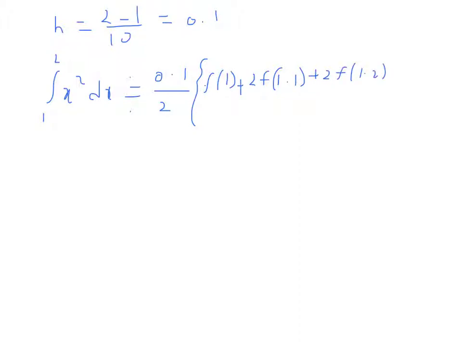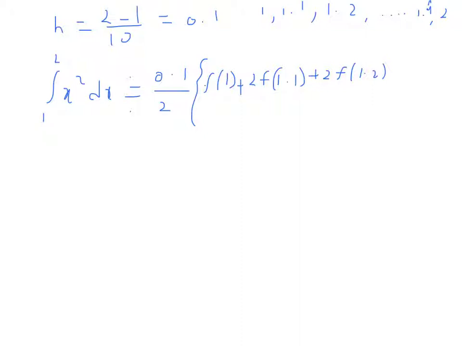It'll be much easier to write down all the coordinates before we start substituting. So if the width is 0.1, we say 1, 1.1, 1.2, etc., all the way to 1.9 and 2. So this is what we're supposed to substitute in.